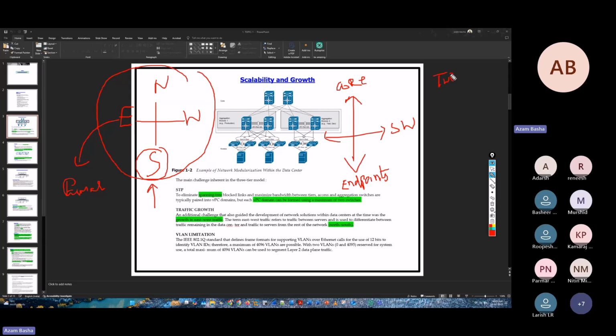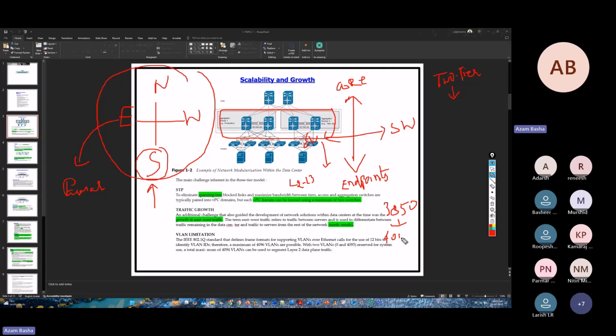If it is a two-tier architecture, in a traditional architecture you will usually be seeing L2 switches, or even L3 switches like 3850s. Slowly there are new series also coming in, like the 4000 series.